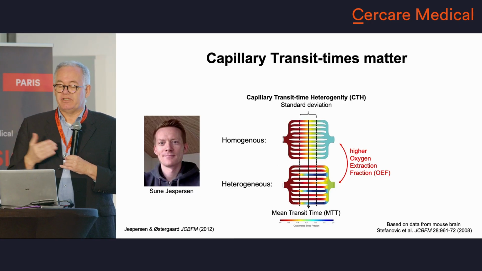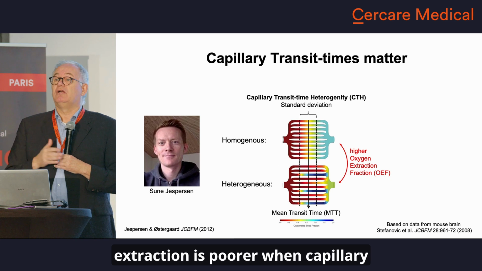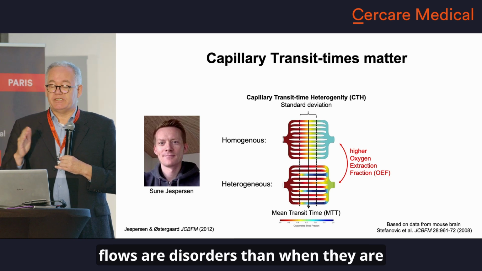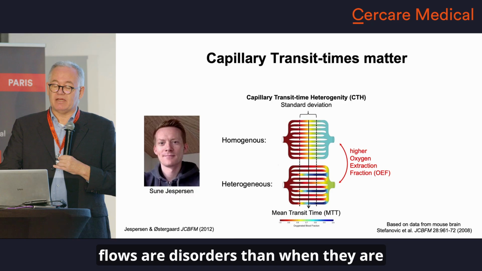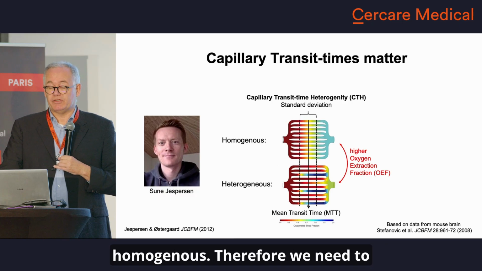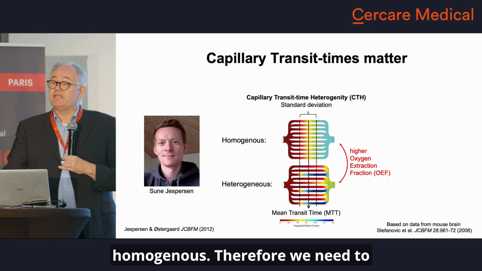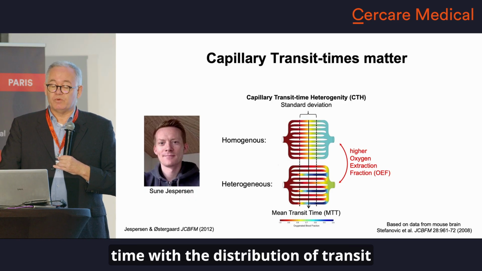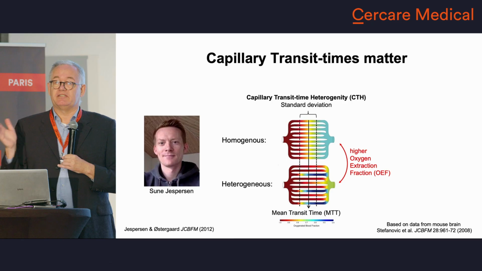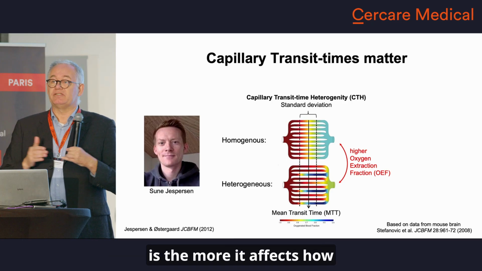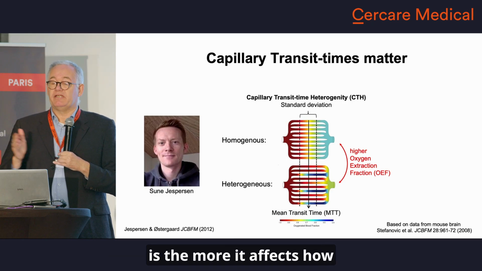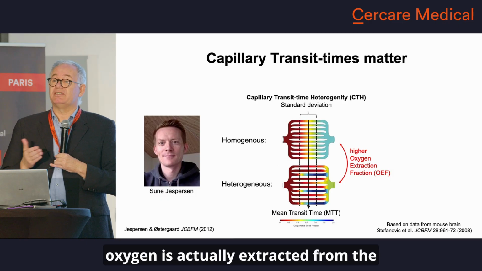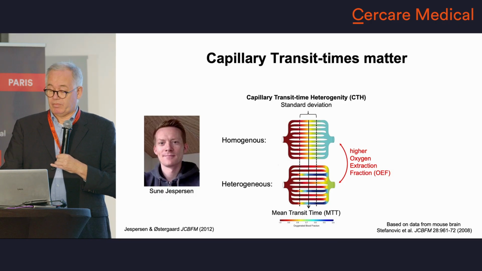Therefore, oxygen extraction is poorer when capillary flows are disordered than when they are homogeneous. So we need to supplement the mean transit time with the distribution of transit times. The broader that is, the more it affects how oxygen is actually extracted from the blood.